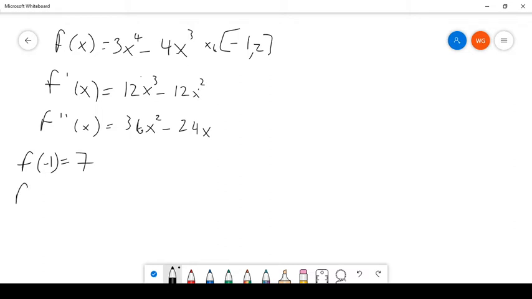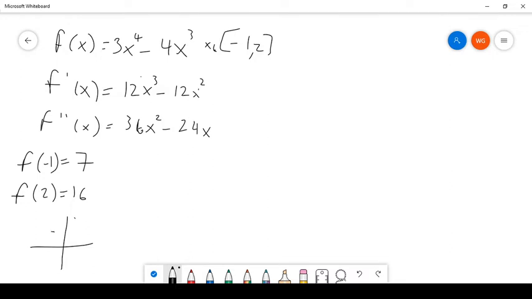On the right-hand side of the interval, f of 2 is equal to 16. So that's how our graph ends off. Visually, what does that mean? From a rough sketching point, we might have a point here, and a point here.